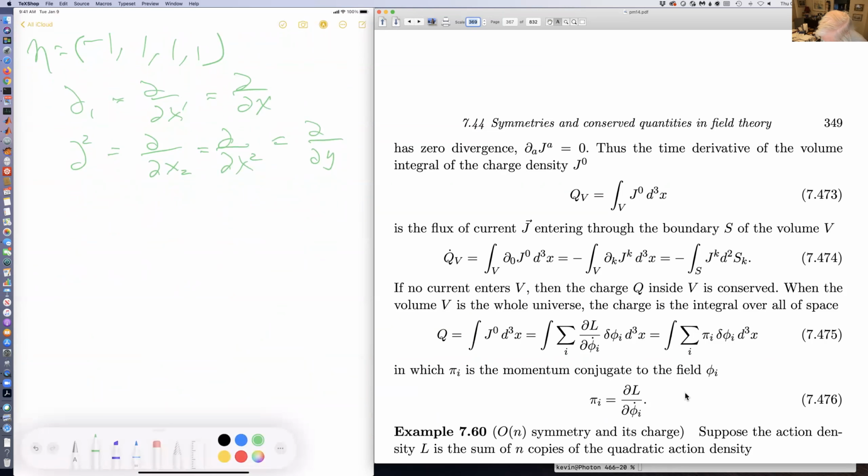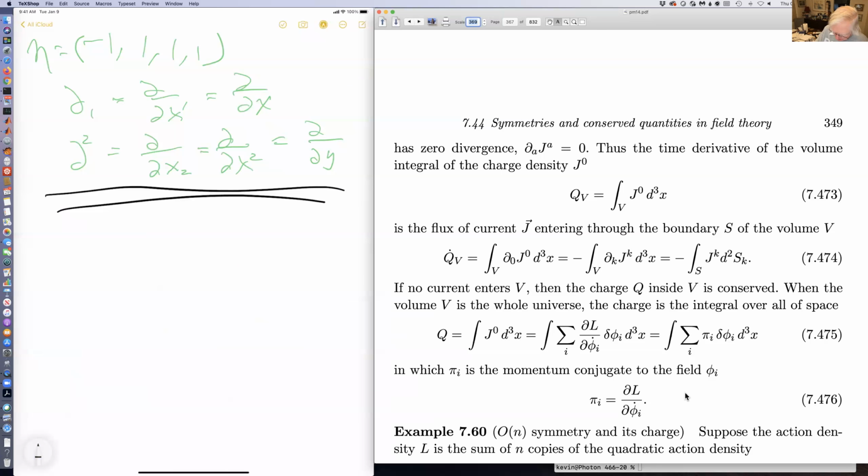In ordinary mechanics, L is something like q dot squared times m over 2 minus some potential V of q.